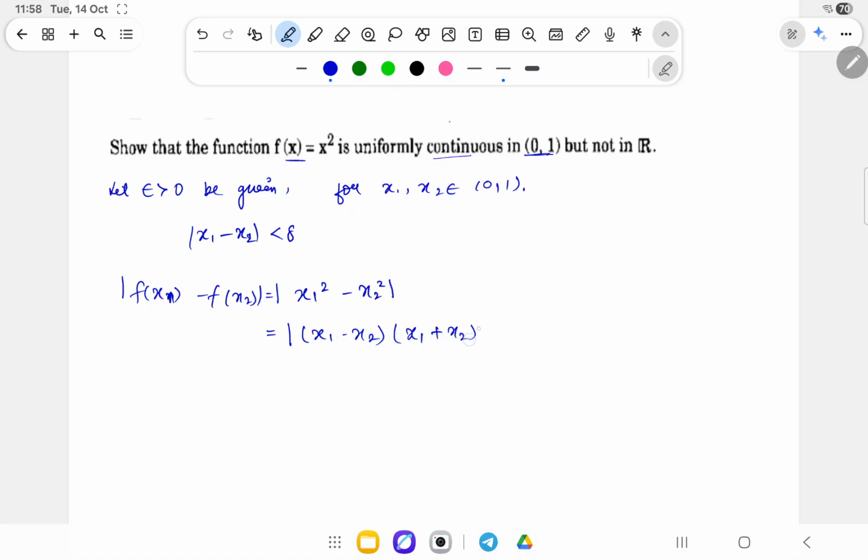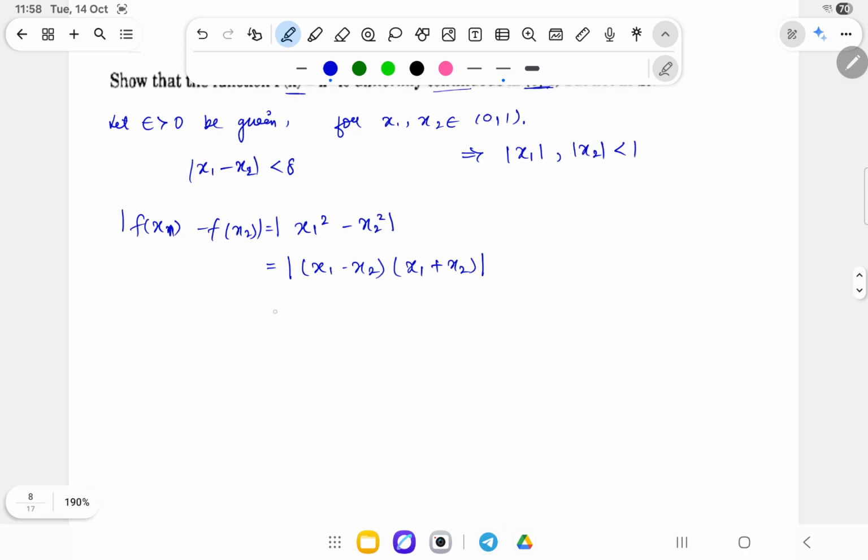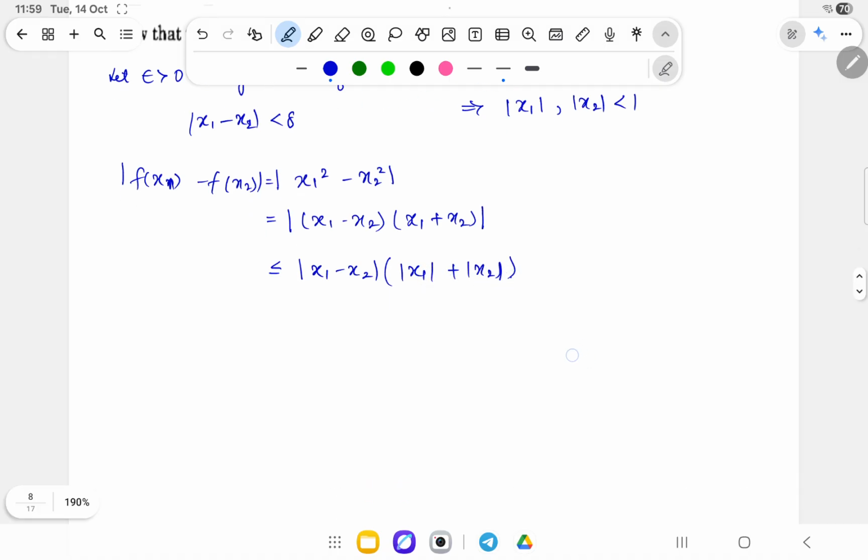Now we have taken our x1 and x2 from the open interval (0, 1). So from here I can say that |x1| and |x2| both will be less than 1. So if I use the triangle inequality here, it will give me |x1 - x2| times (|x1| + |x2|).